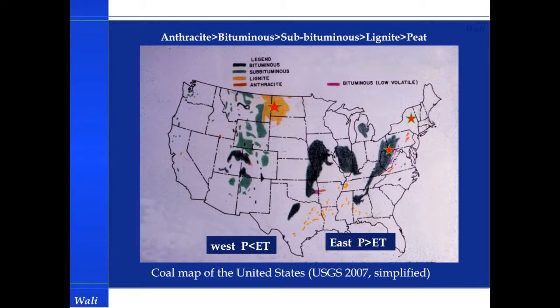The eastern part has far greater precipitation than evapotranspiration. In contrast, the part west of the Mississippi River has far greater evapotranspiration than precipitation, minus, of course, the very coastal fringe of Washington, Oregon, and California, but that's a very small strip.